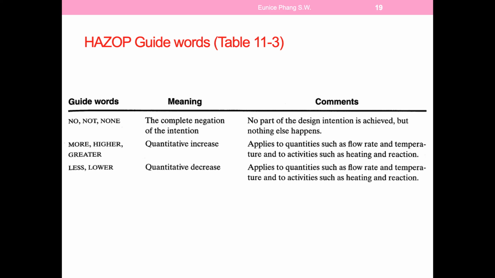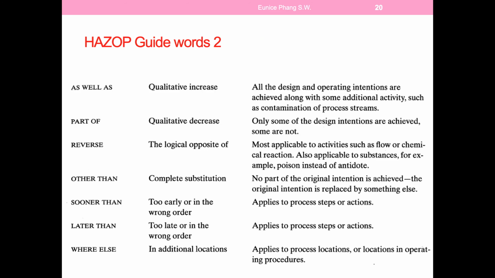If higher flow rate, and you're setting it at 10 liters per minute, and when you check, it's running at 20 or 30, the first thing you ask is what could cause this higher flow rate. The next question is what are the consequences of this higher flow rate, etc. And likewise with lower flow rate. There are also other guide words, normally used for a mixer.